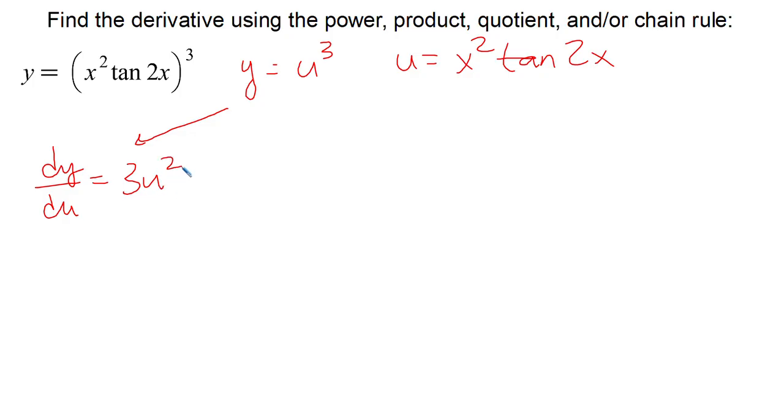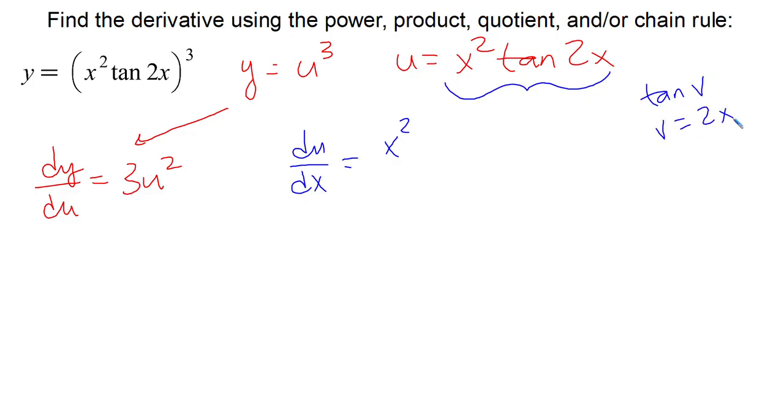But to find du dx, well, du dx is going to require us to use the product rule, right? So du dx should be the first function in there, x squared, times the derivative of the second function, so times the derivative of tangent 2x. Well, to find the derivative of tangent 2x, we'll treat that like tangent v, where v is 2x.